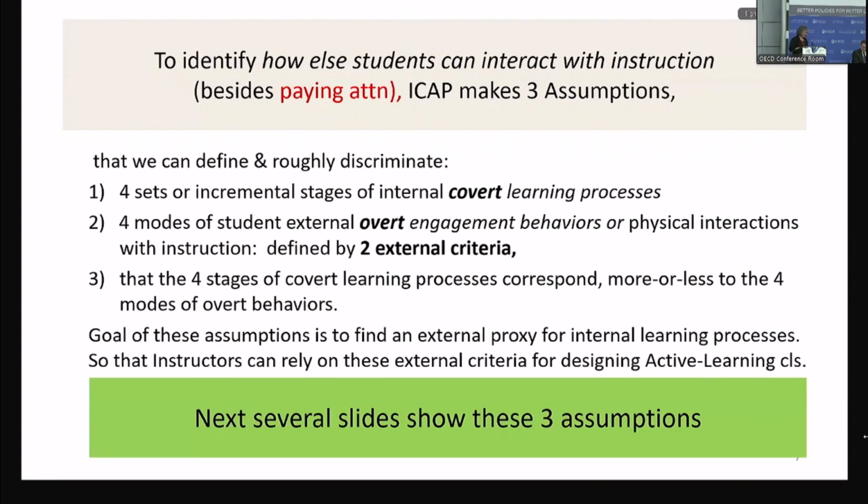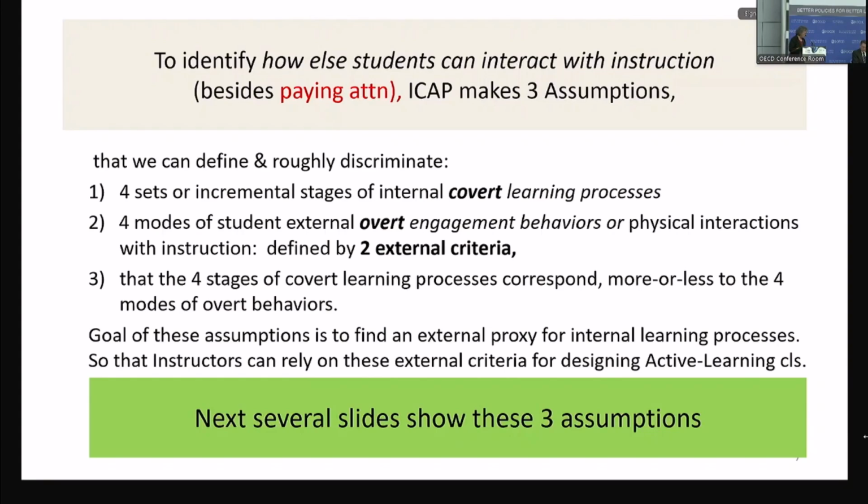To identify how else students can interact with instruction besides paying attention, ICAP makes three critical assumptions. The assumption is that we can define, and roughly discriminate, 4 sets or incremental stages of internal covert learning processes. There are also 4 modes of student external overt engagement behaviors or physical interactions that we can identify and discriminate, defined by 2 critical external criteria.